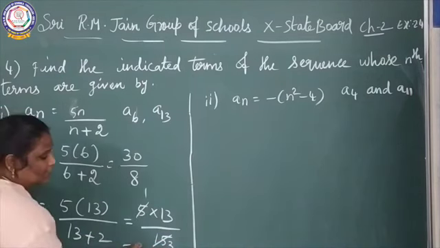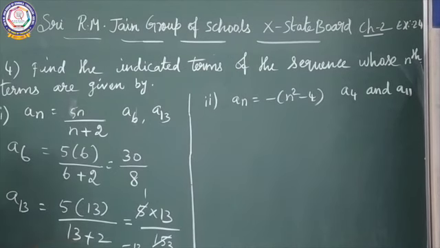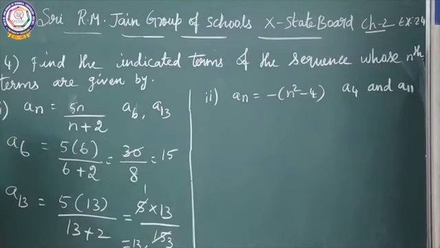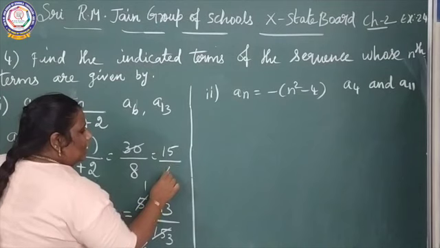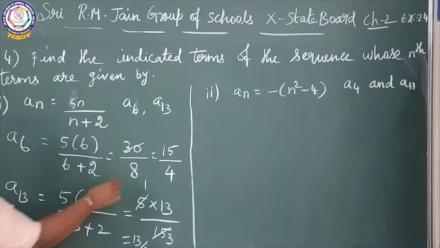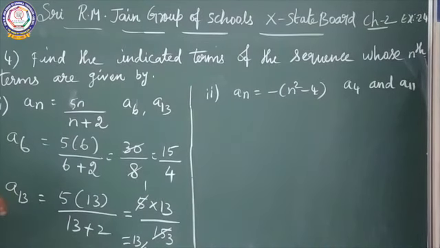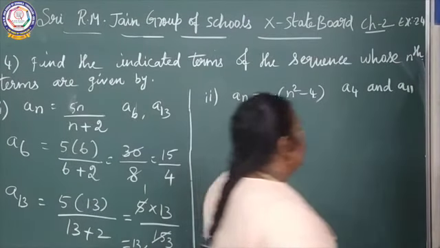So the answer is 13 by 3. This also, if you want, you can simplify. 15 twos are 30 and 4 twos are 8. Then you can move on to the next one.